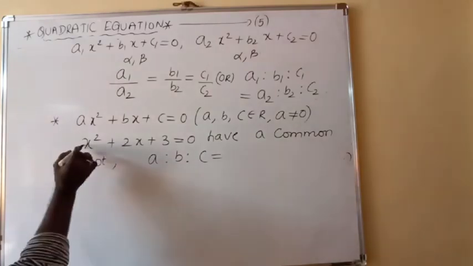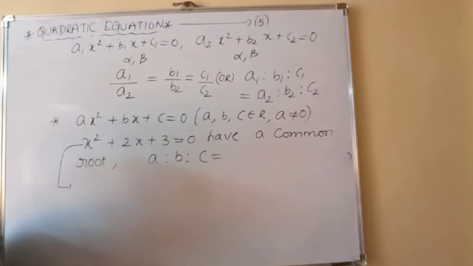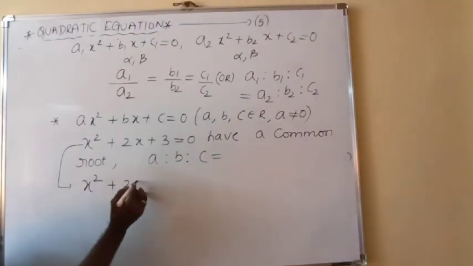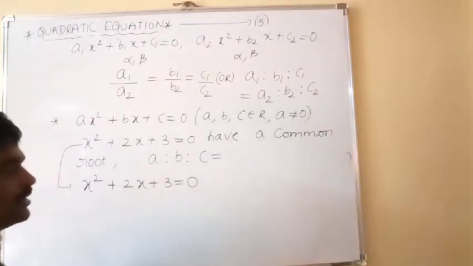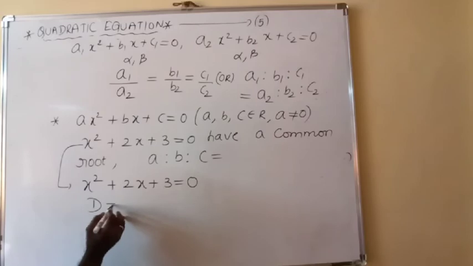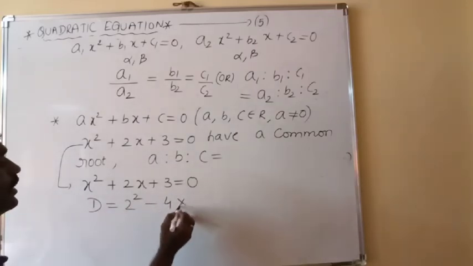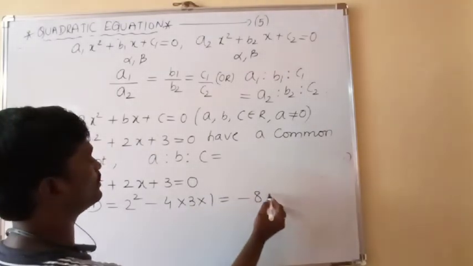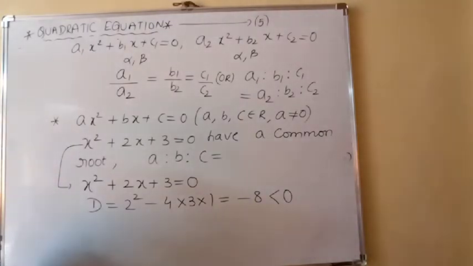There is no unknown in this. To solve x square plus 2x plus 3 is equal to 0, I first find the discriminant, b square minus 4ac. So 4 minus 12, that is minus 8, which is less than 0.